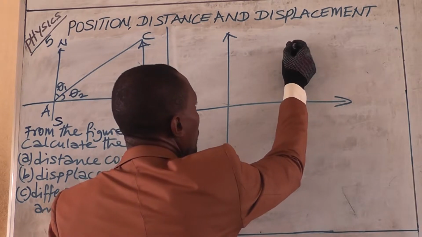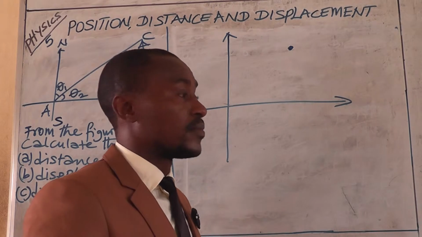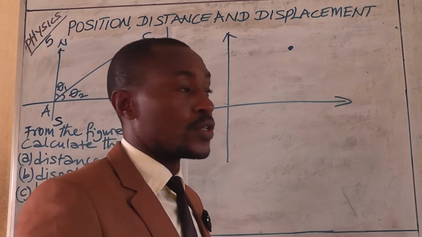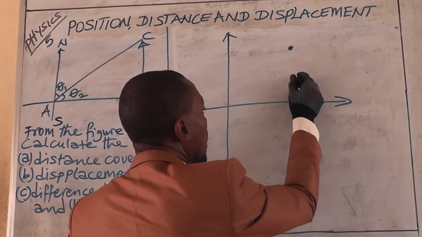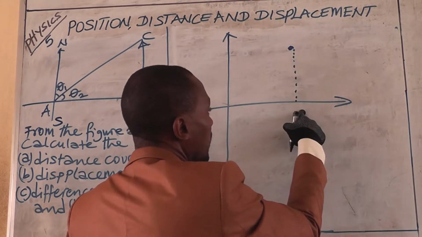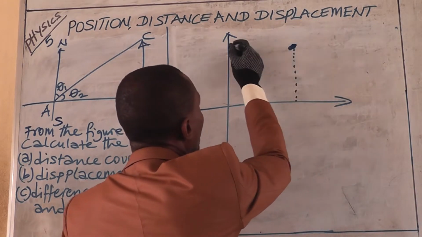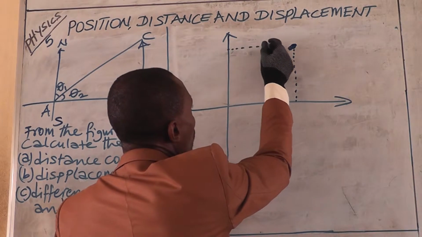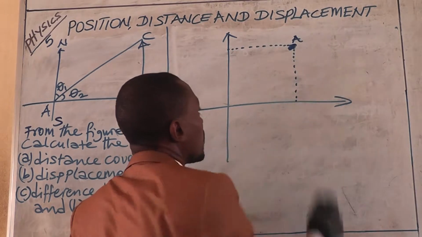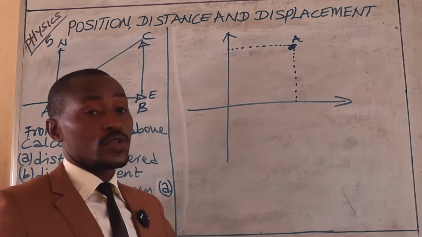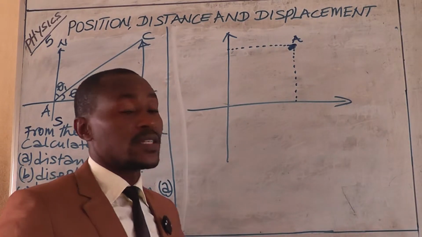Now, if we have a point here which represents position, we can locate this position by tracing this dotted line from the x-axis to the point where you have the position, and then from the y-axis, if this is A. So you can see that we use rectangular coordinates to locate that position.